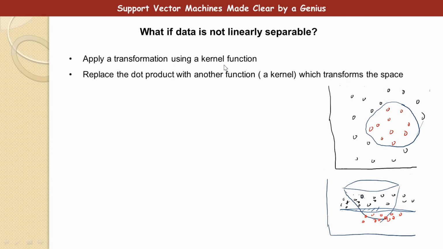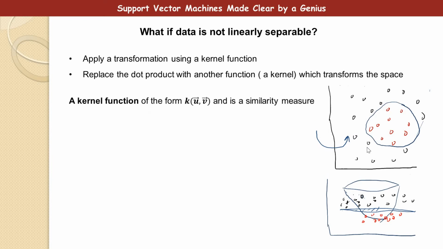You apply a transformation using a kernel function and replace the dot product with another function called the kernel, which transforms the space. Actually, the data is not transformed, but more like you transform the space. Maybe you can rotate the space and be able to see your data separated.